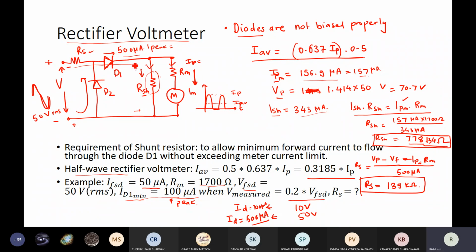Because we are always calculating at the instantaneous value, right? So at the peak supply voltage, the current flowing through the diode will be the peak current, no? Yes, sir. So that required minimum is 100 microampere. That is specified. Okay, sir.